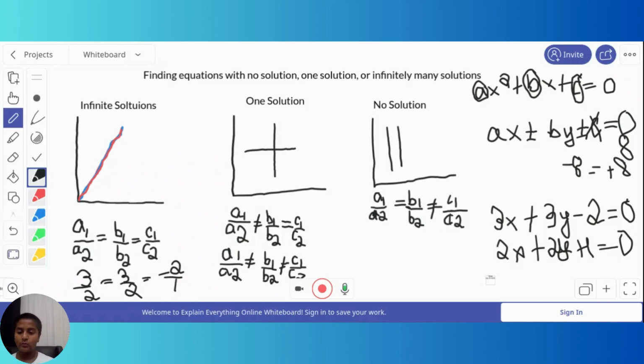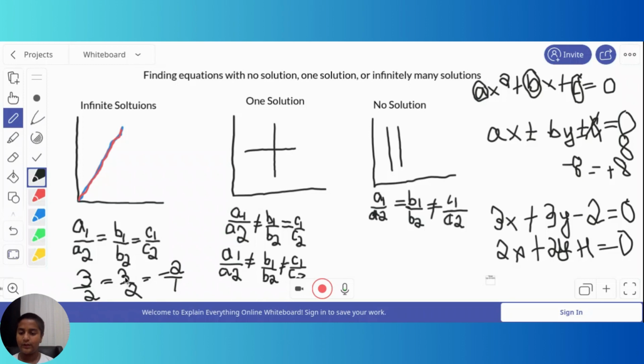In some situations it could be 3 over 2 that equals to 6 over 4, or maybe 8 over 6, all those. Those are all going to be equivalent to 3 over 2. That's the whole point, because in proportions, all the fractions need to be equivalent.